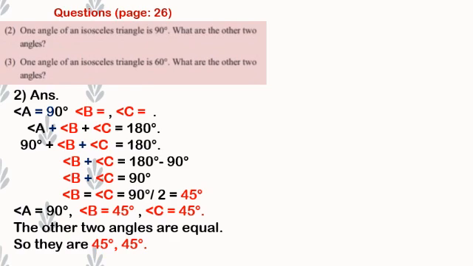Next is the third question. One angle of an isosceles triangle is 60°. Then what are the other two angles? Here also let us take PQR as an isosceles triangle. Here angle P equals 60°. We have to find angle Q and angle R. We know this is an isosceles triangle, so two angles are equal.